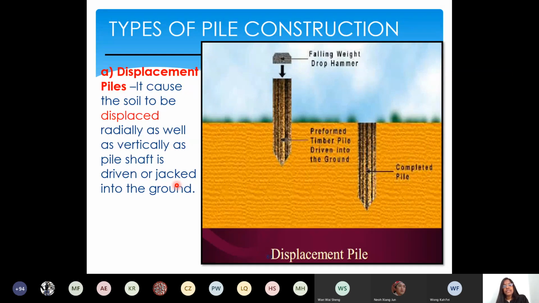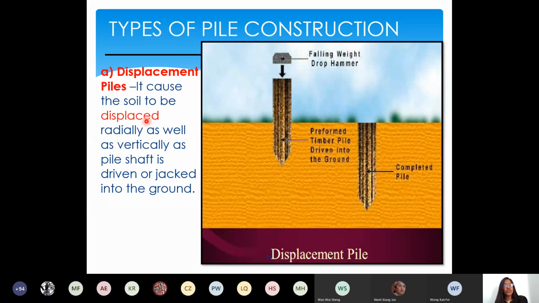Type of pile construction. It is something similar to what we discussed so far about the types and the methods. Just a recap of some more information on how you do the construction. There are 2 types, displacement and non-displacement. Displacement piles. You see here, the falling weight. The crane is not shown here, but just understand the illustration only at this point.